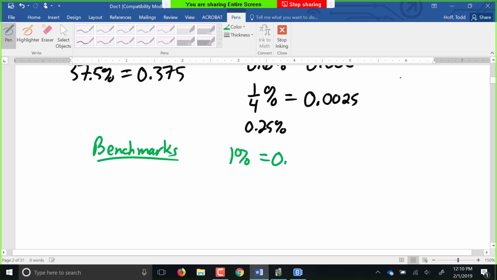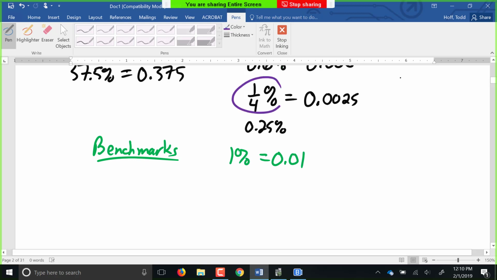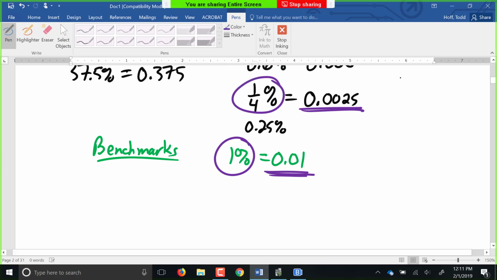We know that 1% as a decimal is 0.01. Is 1/4% larger or smaller than 1%? Smaller, right? Obviously smaller. So when we make it a decimal, the decimal has to be smaller than 0.01. So things to keep in your mind as you're doing things are those benchmarks. And we'll talk more about benchmarks as time goes on.